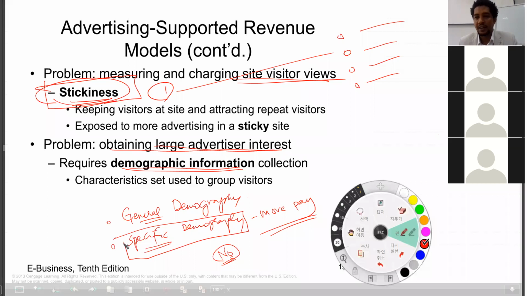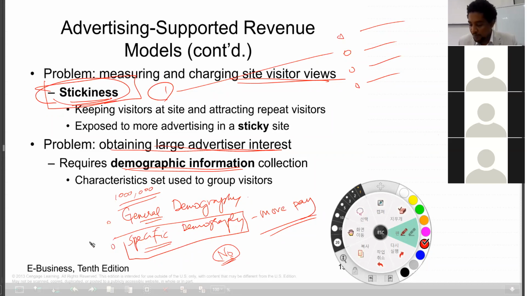If it is general, there could be 1 million users, okay? But from this 1 million, maybe only 200 or 300 or 100,000 could be the users of the products of these companies. So it is very difficult to identify those customers in general demographics.